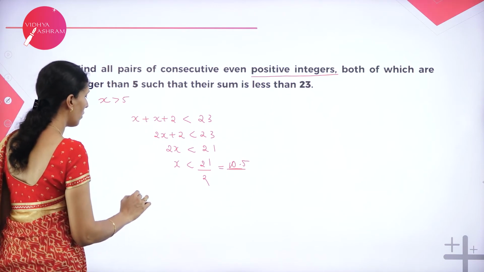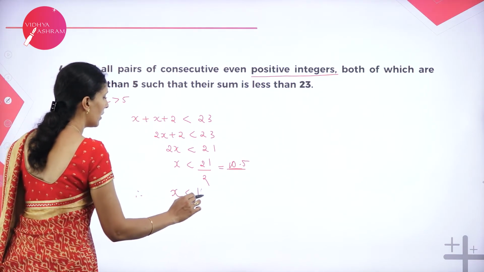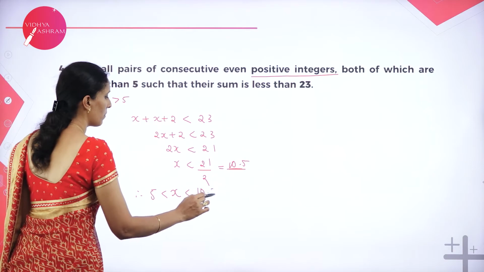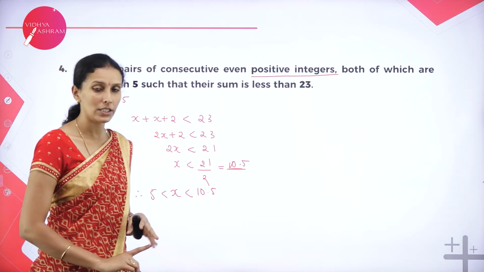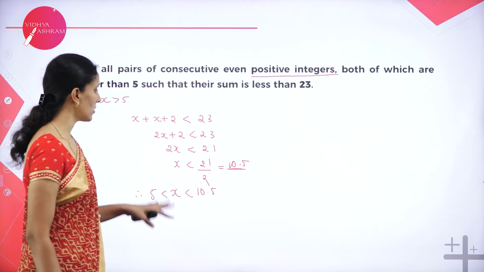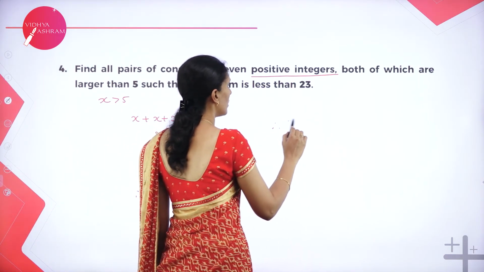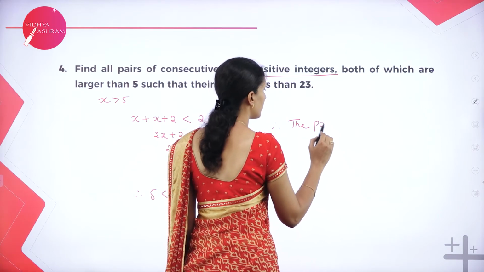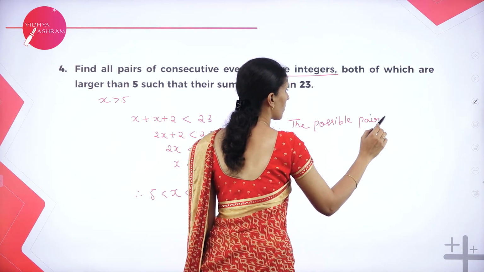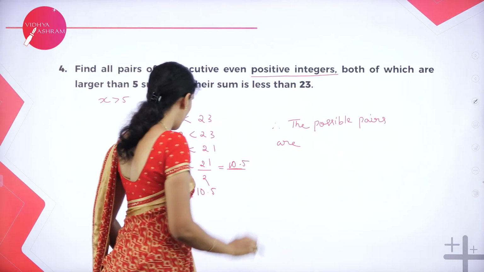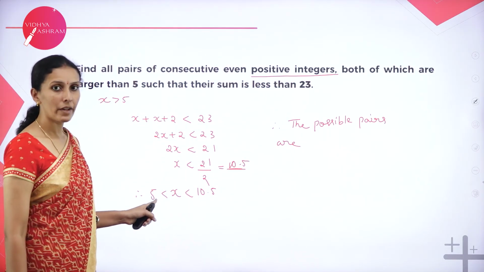So here therefore x lies between 5 and 10.5. We have to take only positive integers. 10.5 is not an integer, but we can take 10 as an integer. So therefore, the possible pairs are: between 5 and 10, only even positive integers.